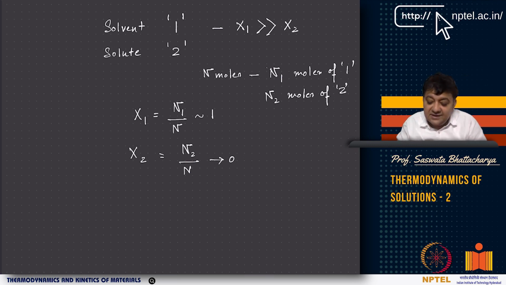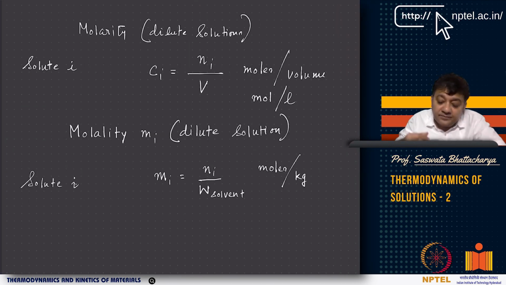So in such a case we use a different measure for concentration, such as molarity. Molarity of solute I tells you the total number of moles of solute I in the total volume of the solution, or the volume of solvent, because the solvent is very large.